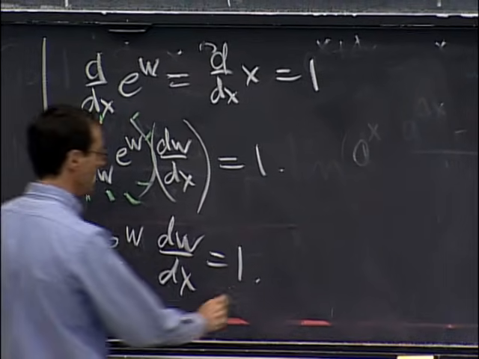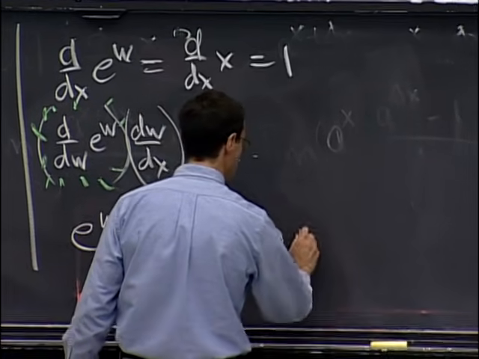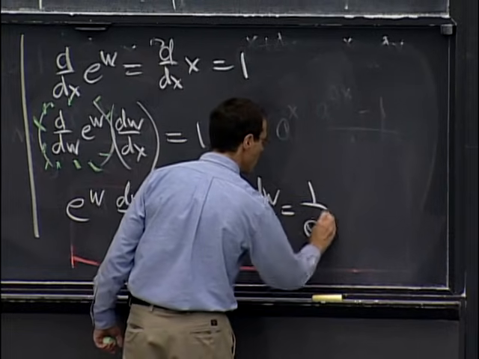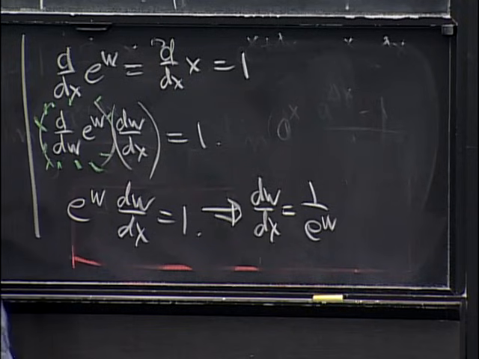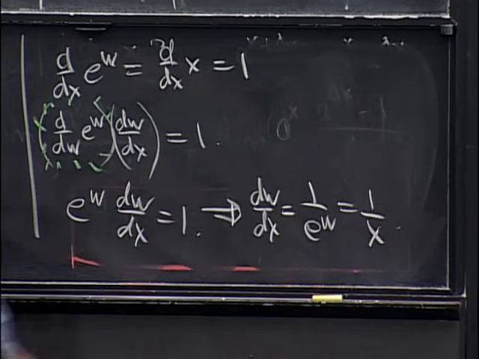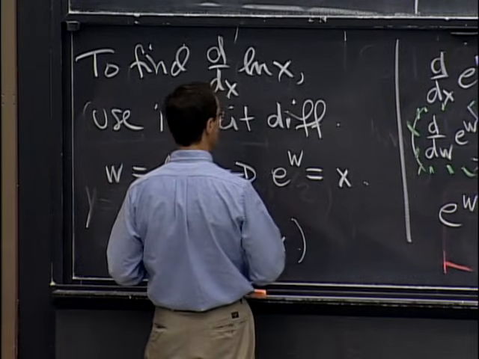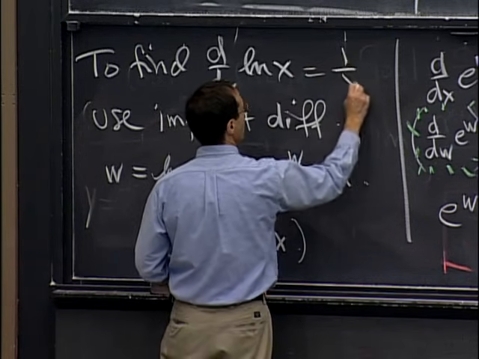And so finally, dw dx is equal to 1 over e to the w. But what is that? It's x. So this is 1 over x. All right, so what we've discovered is, and now I get to put another green guy around here, that this is equal to 1 over x.